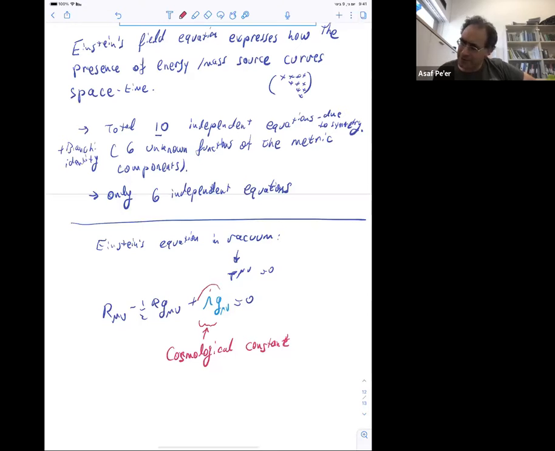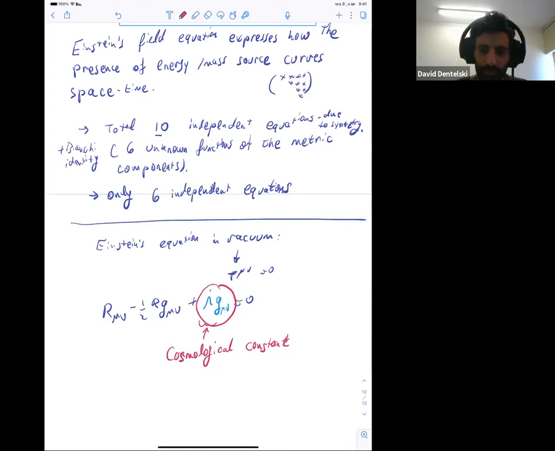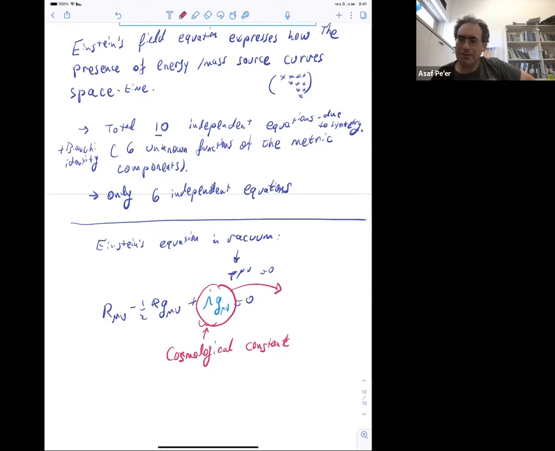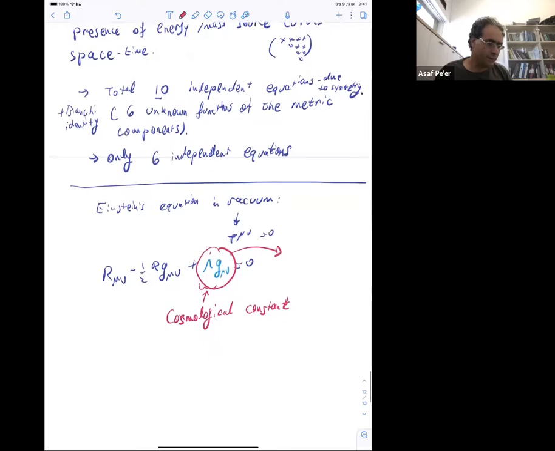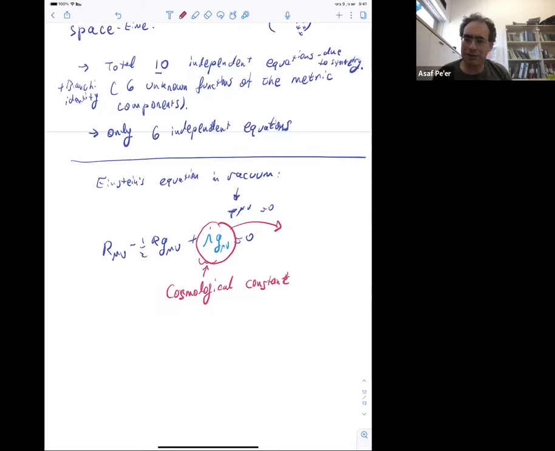You take this part here and you move it to the right-hand side. Now, when you move it to the right-hand side, the right-hand side is the physics side. That's where we put the matter. So if we put it to the right-hand side, we can think of it as some addition to the energy momentum tensor. So on the right-hand side, we have T mu nu effective is minus lambda g mu nu.